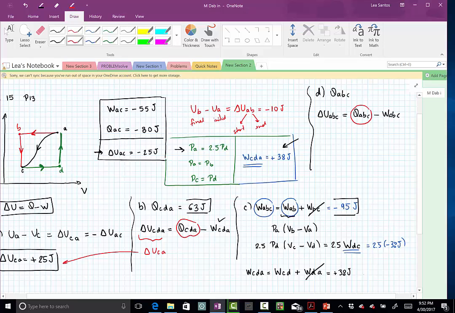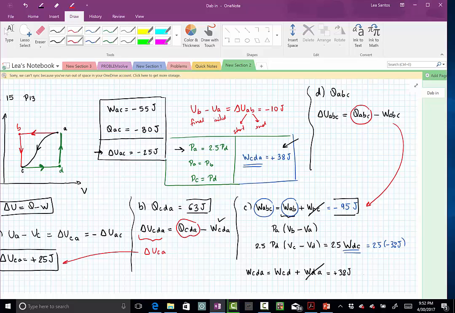Do I have the work ABC? Well, let's have a look. The work ABC we just found in this question C here, right? So I do have this work ABC. The work ABC is just minus 95 joules.